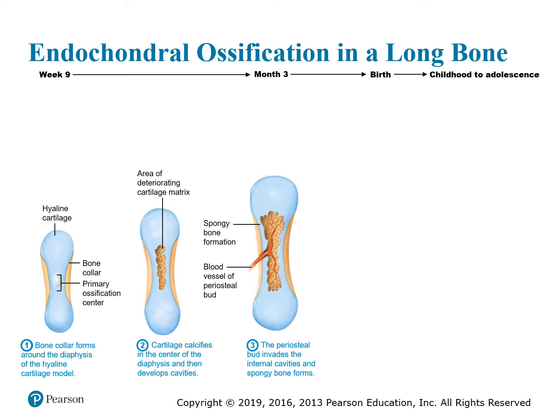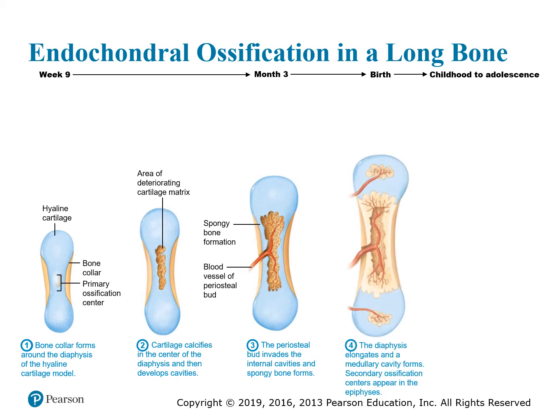Some of the smaller foramina that we saw in lab are artifacts or leftovers of where this blood vessel invasion happened. These get called nutrient foramina, which are where this blood vessel invades and then stays.